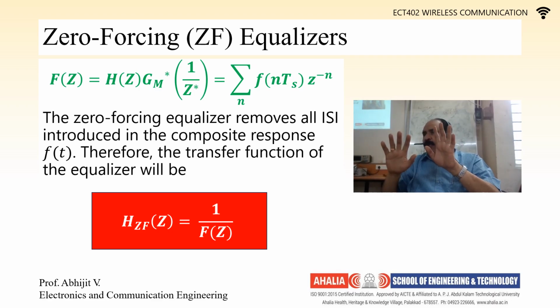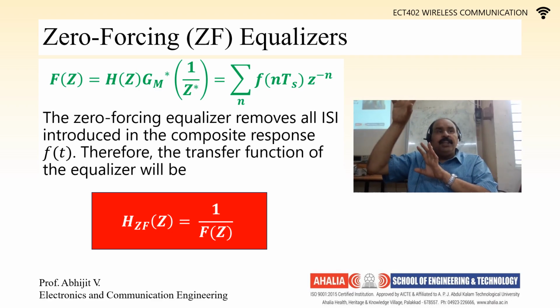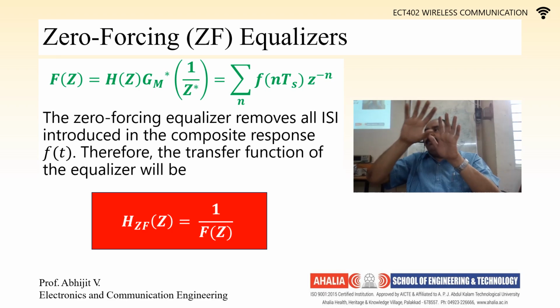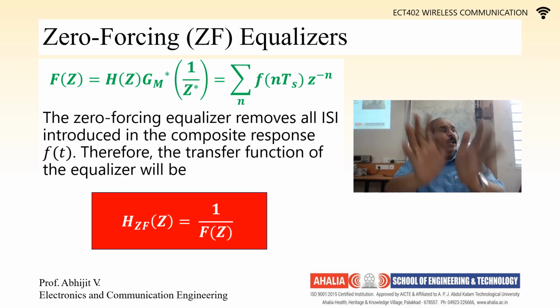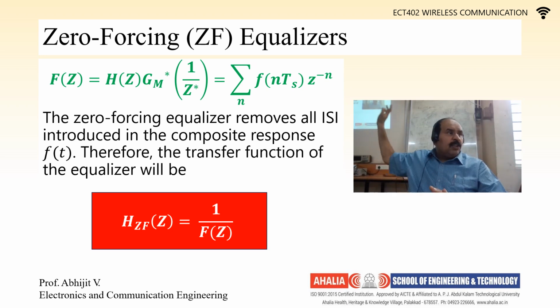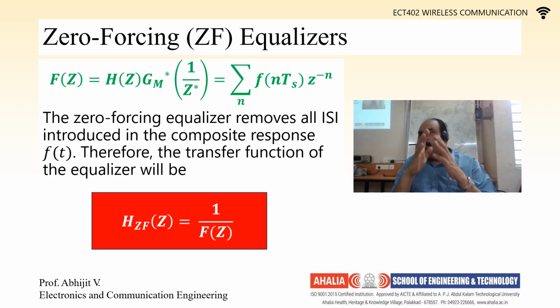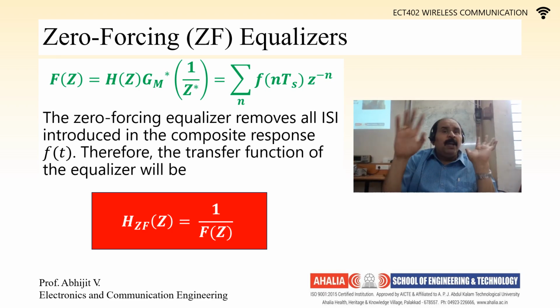This channel is causing inter-symbol interference. What we are going to do is use the inverse of all the combined three transfer functions in the equalizer. That is what is called f of z, right? We are taking the z transform of the combined values of all the three transforms, and then we are just inverting it, 1 by f of z. Now ISI will be eliminated.